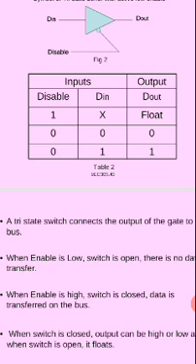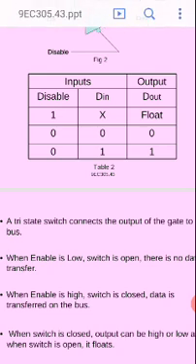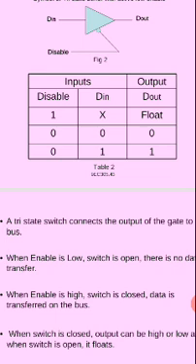A tri-state switch connects the output of the gate to the bus. When enable is low, switch is open. There is no data transfer. When enable is high, switch is closed.